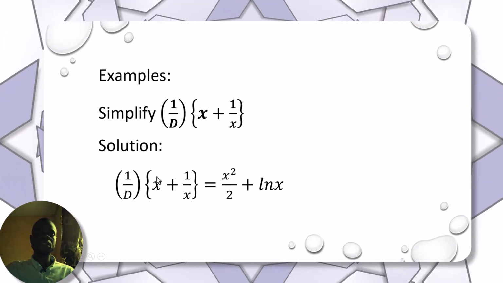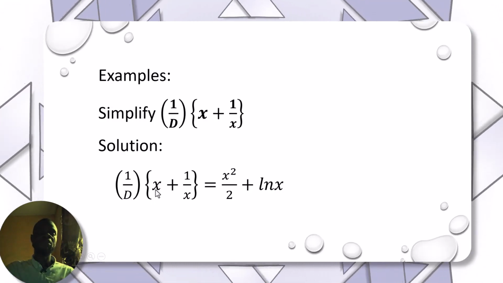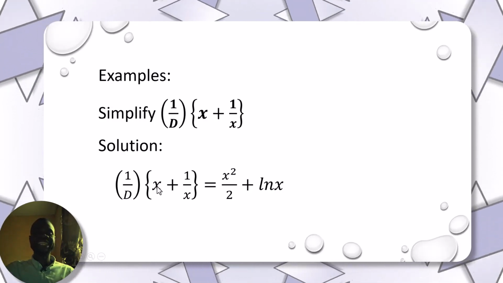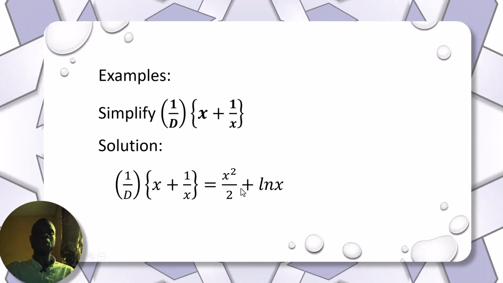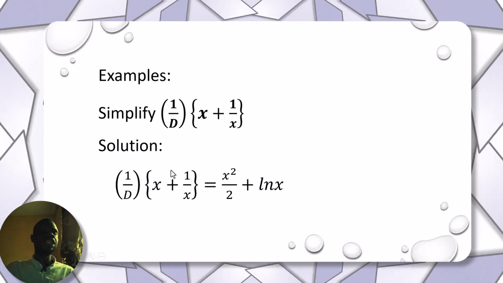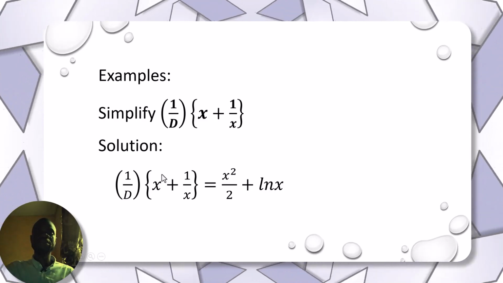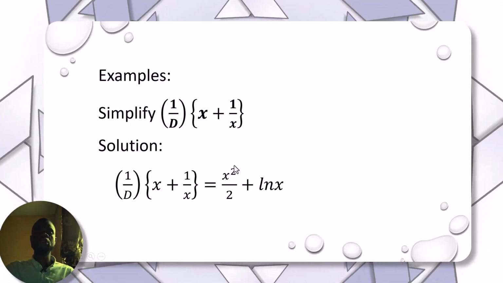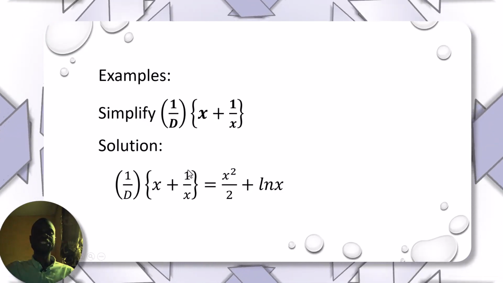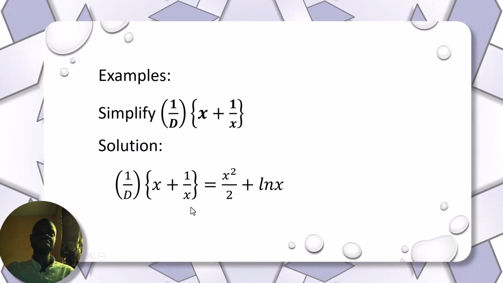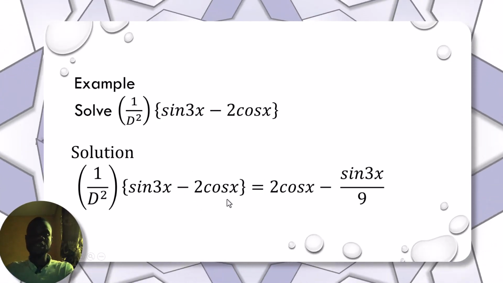And when you integrate this, don't forget the simple formula: x to the power of n plus 1, then divide by n plus 1, where n is the power, right? So from here, x to the power of 1, then I will have 1 plus 1, which will give me 2, then I will divide by this power. Then plus 1 all over d of 1 all over x, which is simply ln x, because the integration of 1 all over x is ln x.